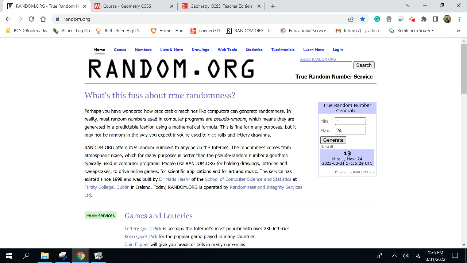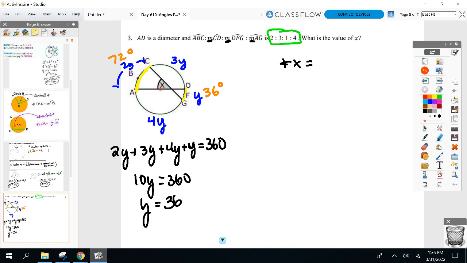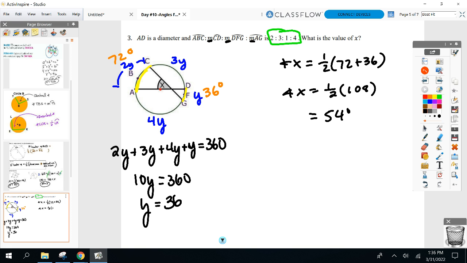You have to add them up and then multiply by half. That's how I find a floater angle. So we're all going to take half of 144, 108, and now I end up with 54 degrees.